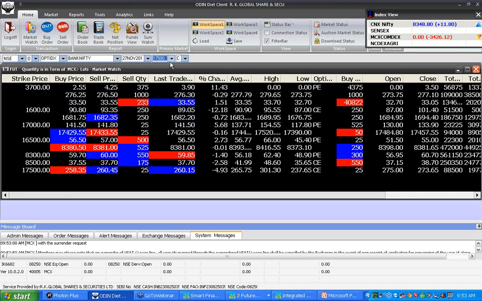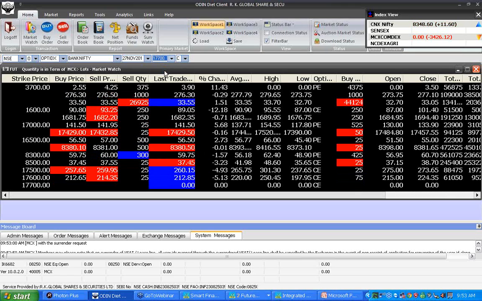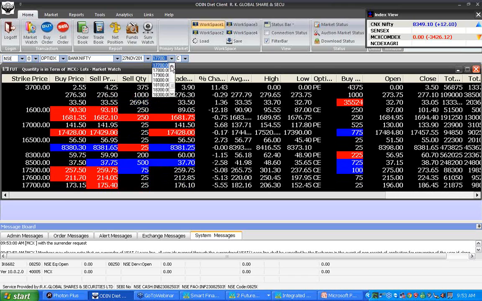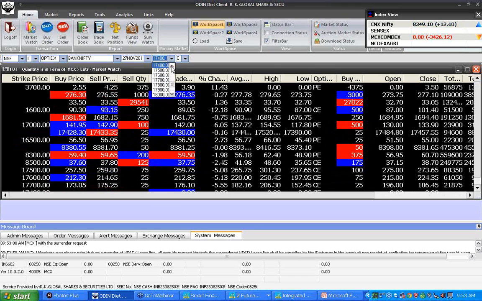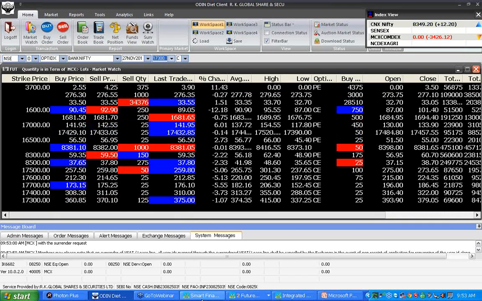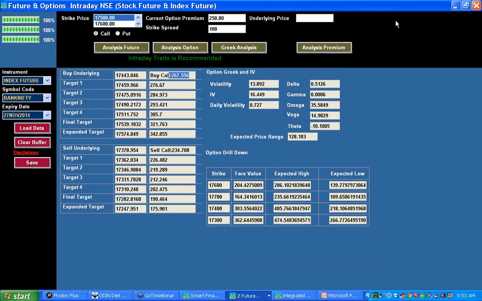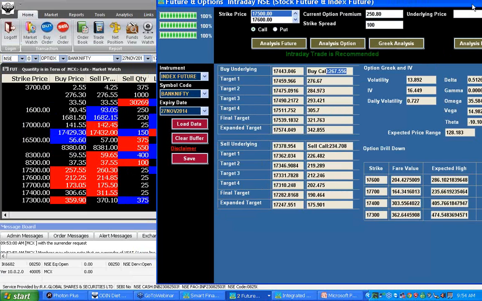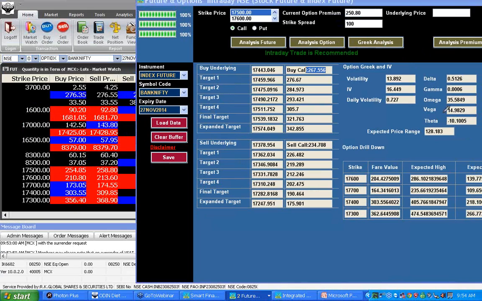So 17,500, 600 and 700, and on the downside I am taking 17,400 and 17,300. This is an arbitrage trade we will be identifying. Once you analyze this, you get the fair value of these options.